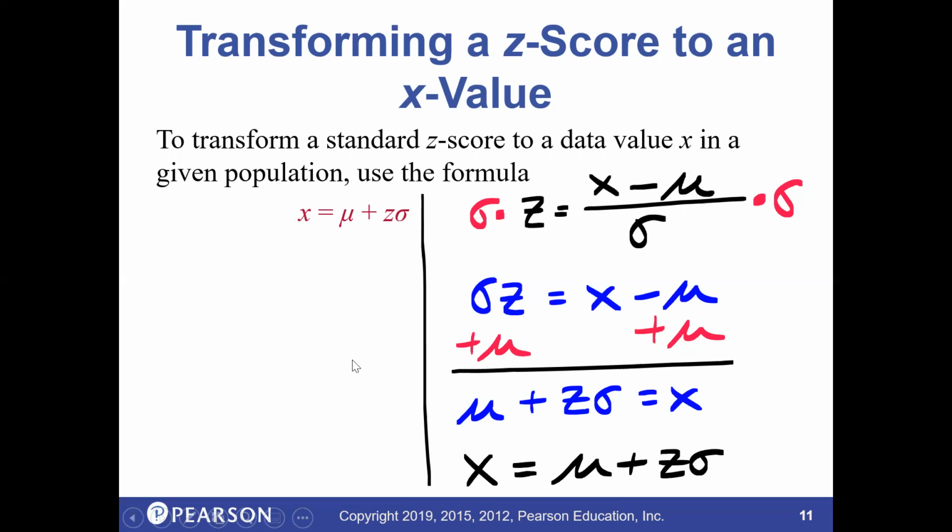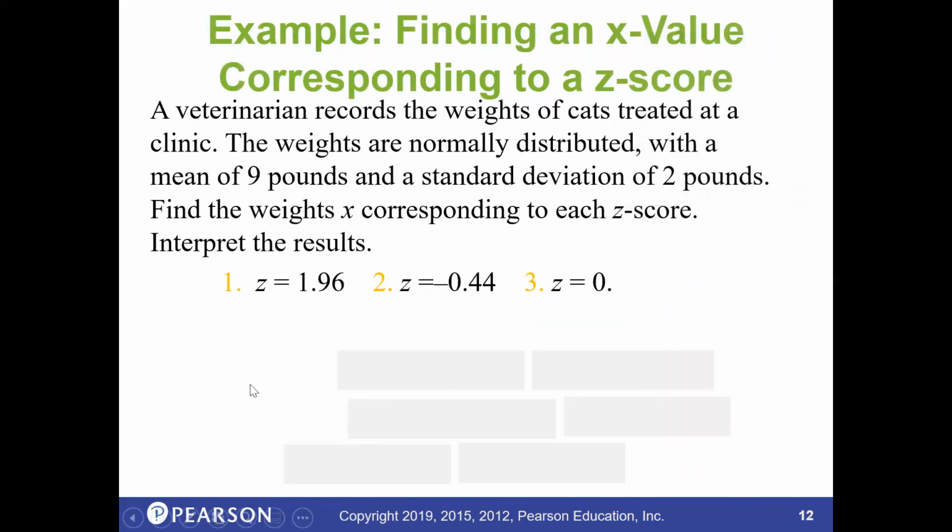Can you convert z-scores into x values? That's what I want. Can you convert a z-score of 1.96 using this formula? Give me the x value that corresponds to this. A veterinarian records the weights of cats treated at the clinic.